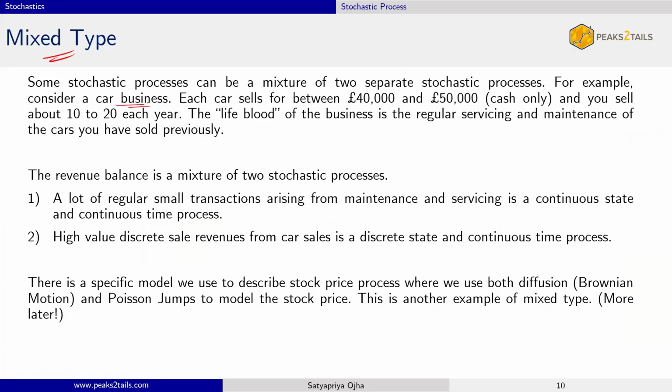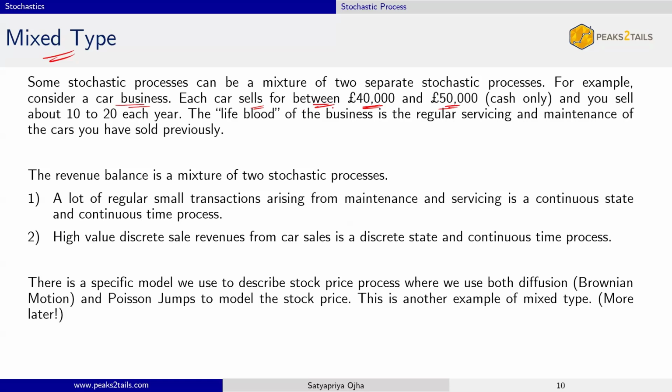Suppose you are running a car business and your source of revenue is from two different sources. One is direct sales, when you're selling an expensive luxury car. You're getting 40,000 or 50,000 euros per sale of the car. So each car sells between these two values, because there will be negotiation and so on, right? You cannot pinpoint the prices.